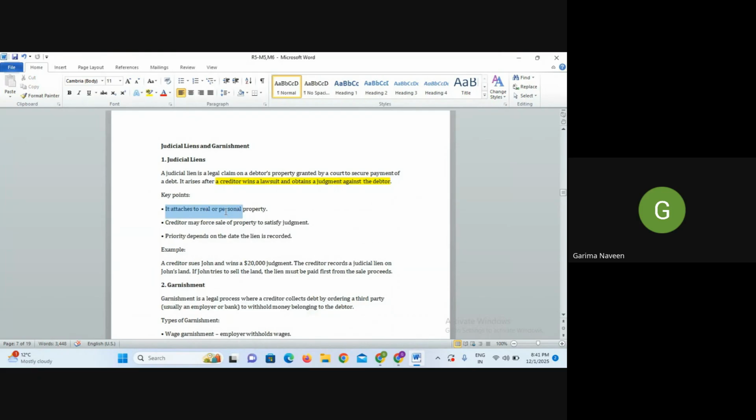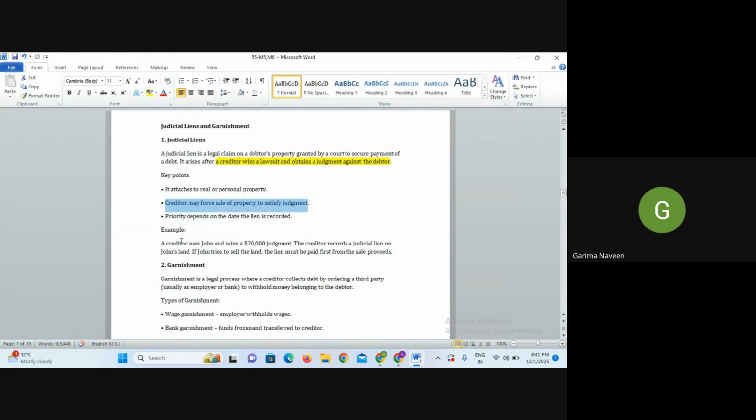It attaches to real or personal property. The creditor may force the sale of property to satisfy the judgment, and priority depends upon the date the lien is recorded. So they can seize and sell the property so that they can recover their amount back.